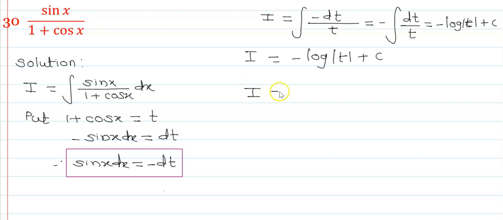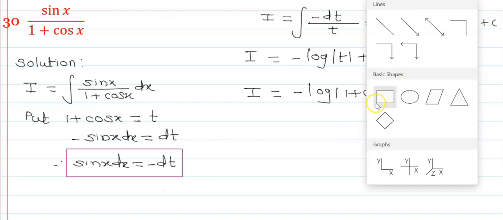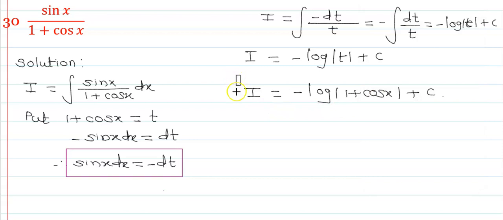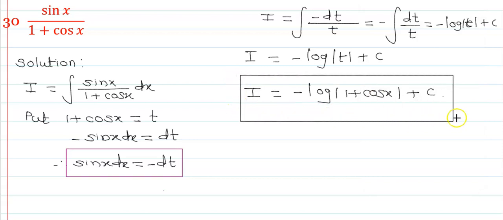I is equal to minus log of, what is the value of t? t is 1 plus cos x, plus c. Okay, this is the answer.